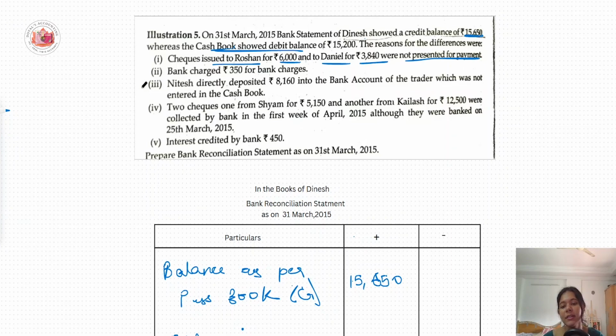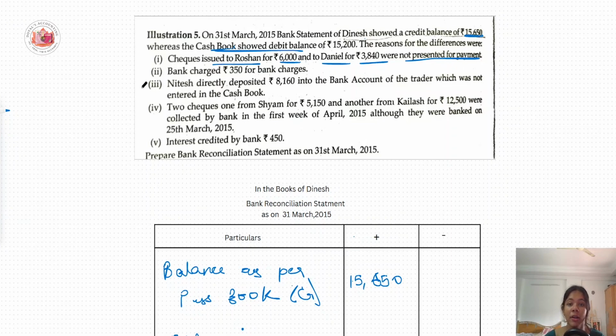Okay. So this is a case wherein checks have been issued but they have not yet been presented for payment. And we are starting with our passbook balance. So what does that mean? Now, in our cash book balance, we have deducted this 6,000 plus 3,840, that is 9,840, saying that we have issued the checks.